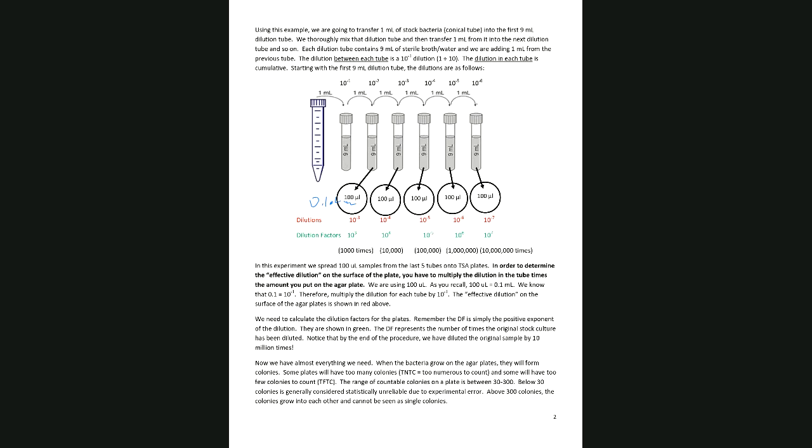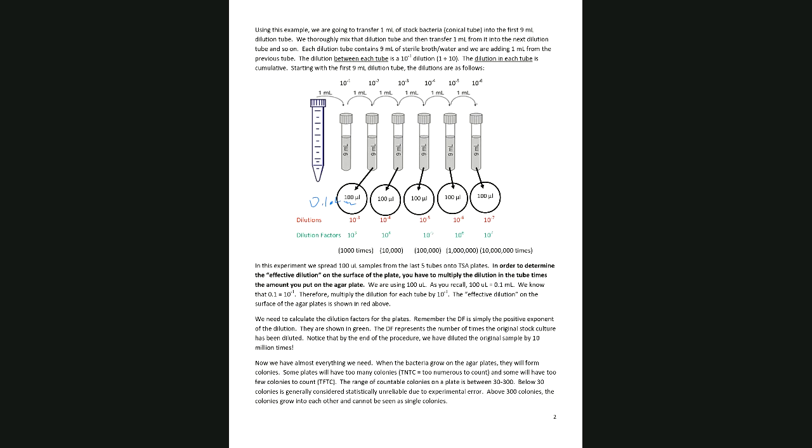But that's what we need to do in order to dilute the bacteria enough so that we get isolated colonies on the plate that we can count. So that's the power of a serial dilution. Using just 6 sterile 9 ml tubes, we've diluted the original sample by up to 10 million times.